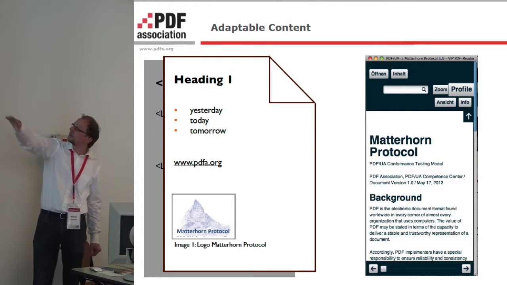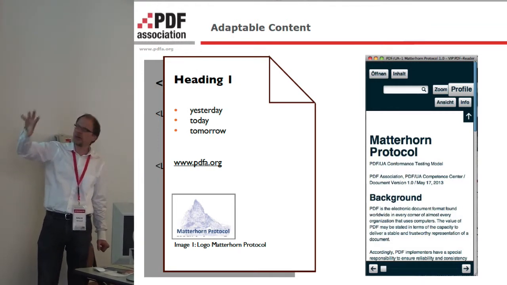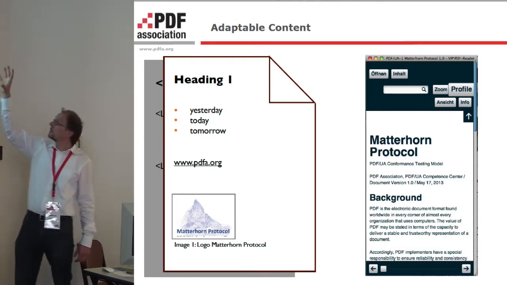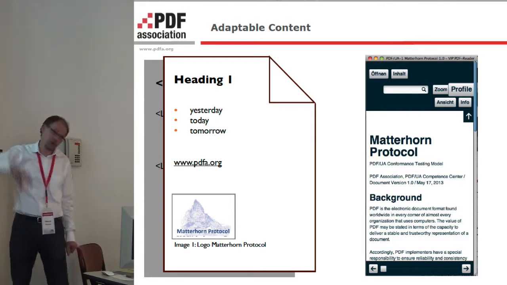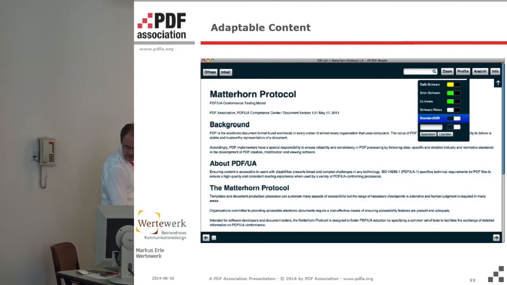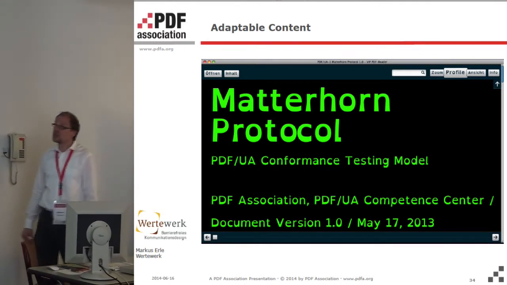So this is a good example. Why do we need a structure layer? We need it for adaptable content. We need it for alternate views, so-called. For example, a reflow view. And even more, you can change background color, font color, and even the font.